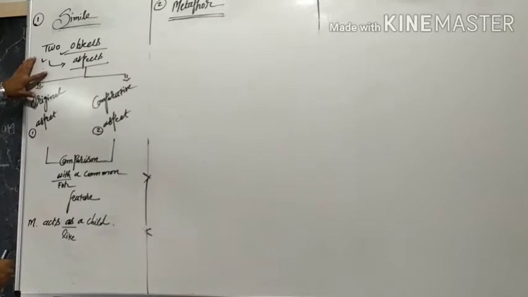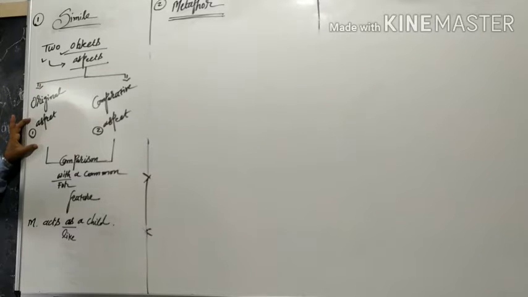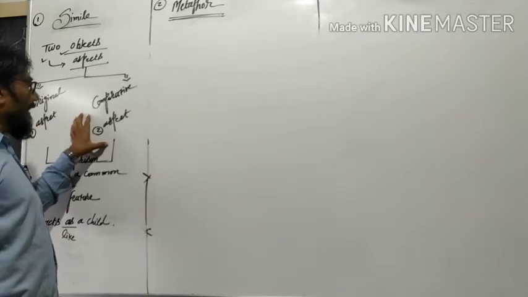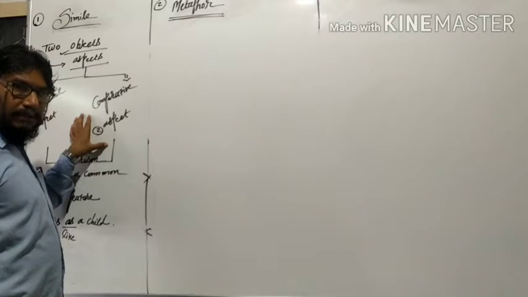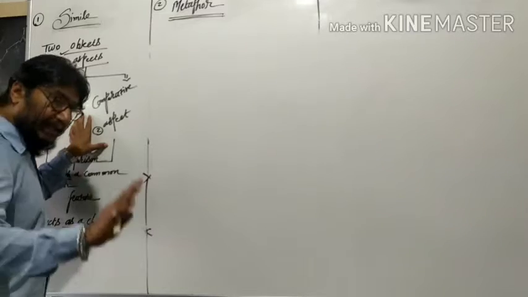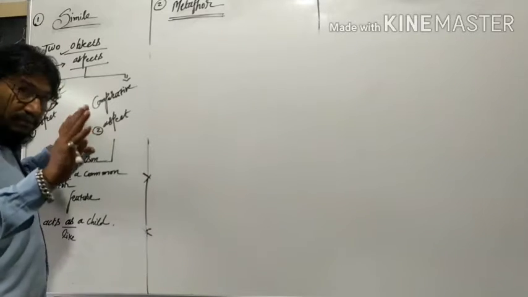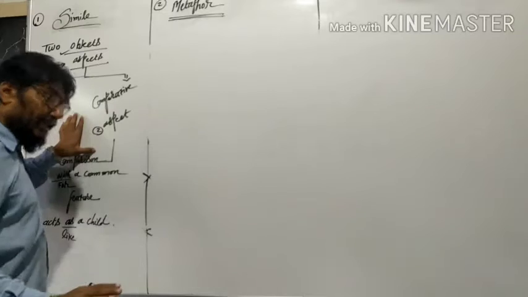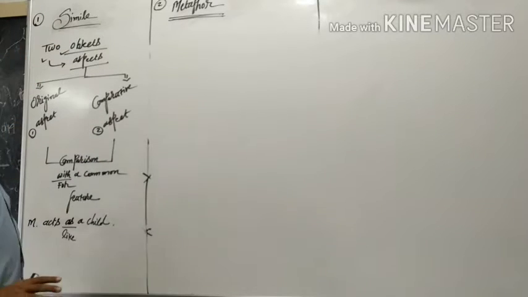There will be minimum two objects or minimum two aspects. One is known as the original aspect, another is known as the comparative aspect. Minimum two aspects are the basic requirement of simile.